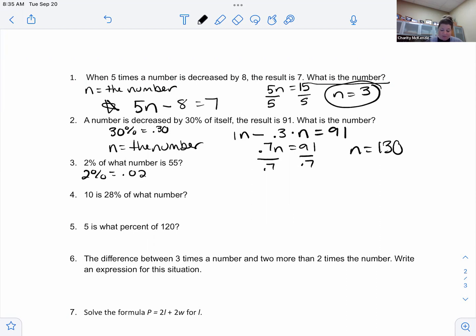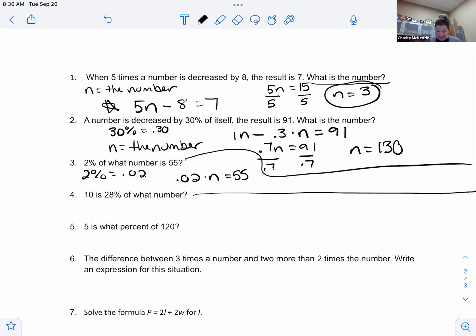So 2% of what number would be times, is equal to 55. I'm just going to go like that. Goodness, I did not give myself enough space. It's because the Apple Pen, when you write, is fatter, so I run out of room.